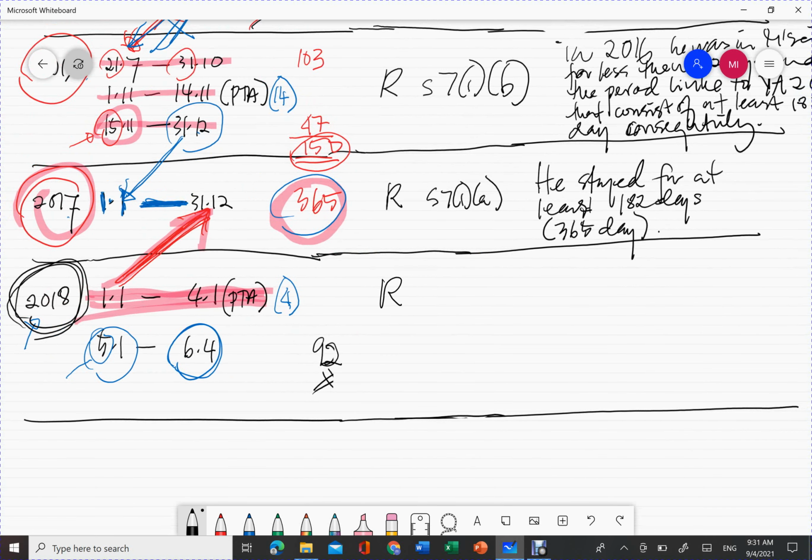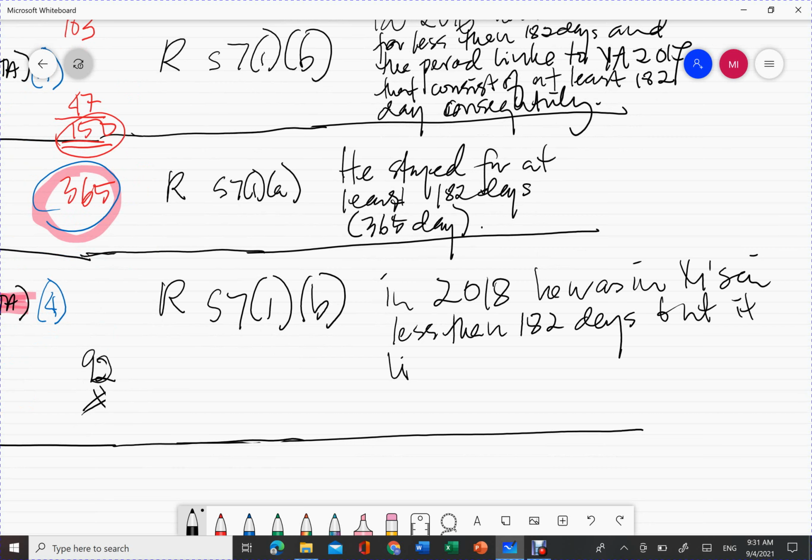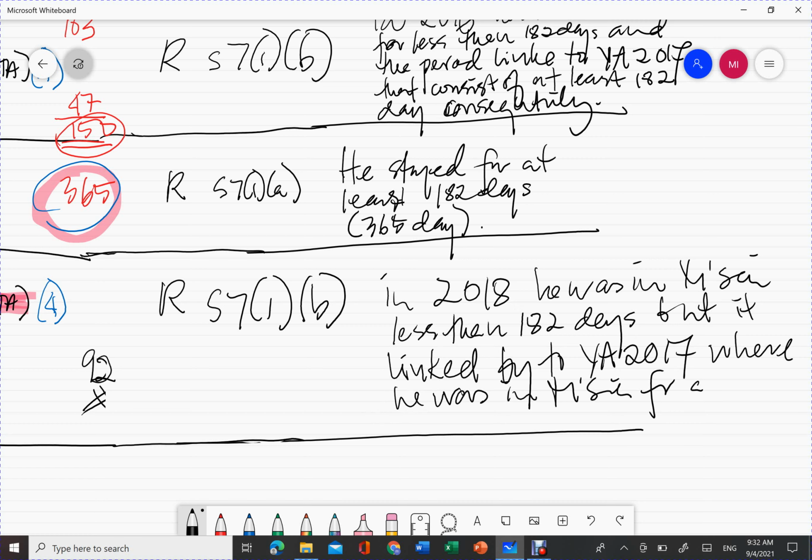In 2018, he was in Malaysia less than 182 days, but it link by to YA 2017 where he was in Malaysia for at least 182 days in 2017.